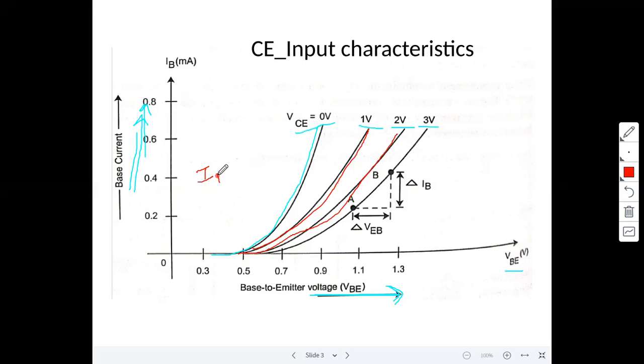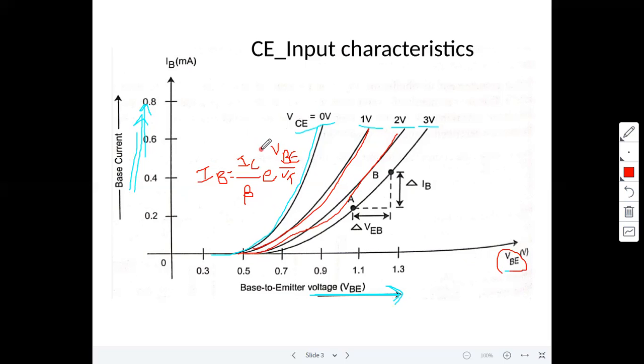Why? Because what is the IB current expression? IB is equal to IC by beta times exponential VBE by VT. As VBE changes here, IB also changes.